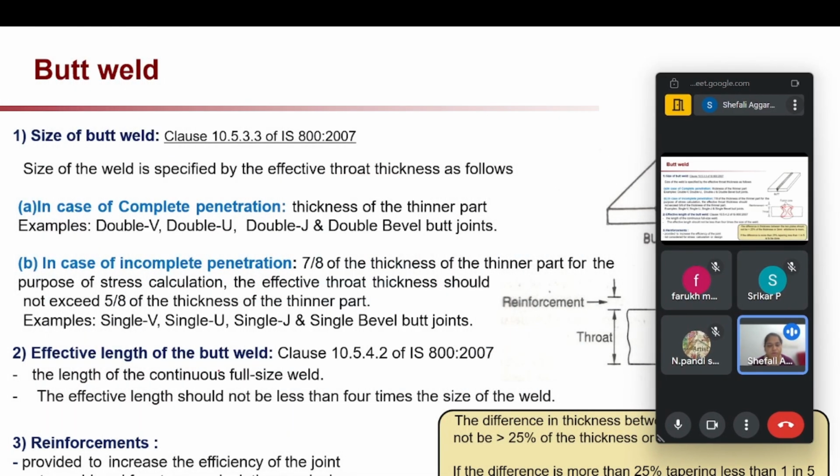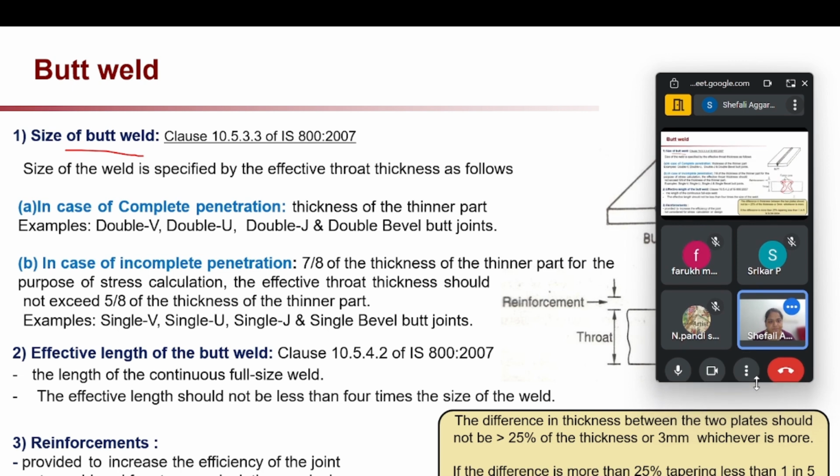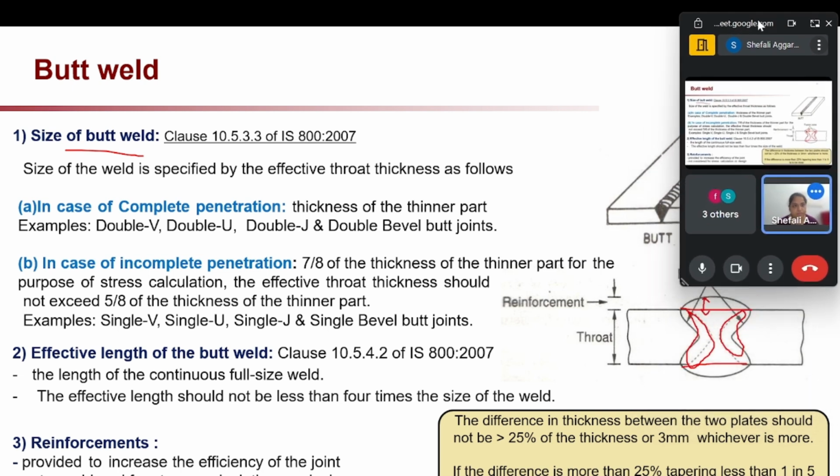When we go for design purposes, the first thing is the size of butt weld. As we have seen for the size of fillet weld, in the same way we will calculate the size of butt weld. Size of butt weld is given by the effective throat thickness of our weld. We have two types of penetration.